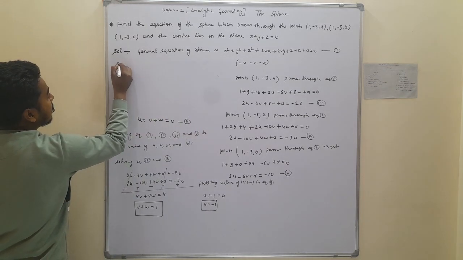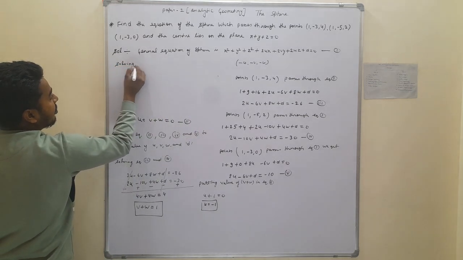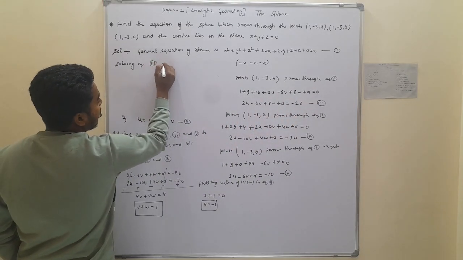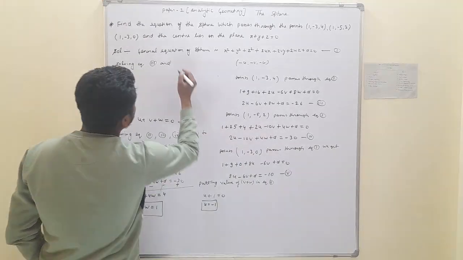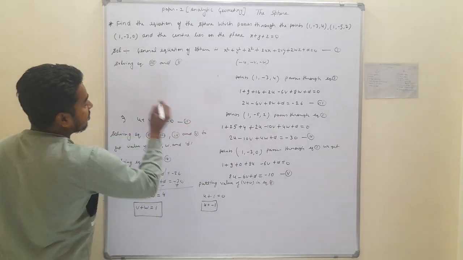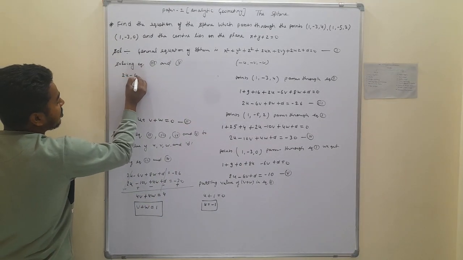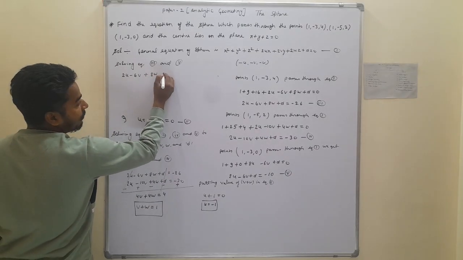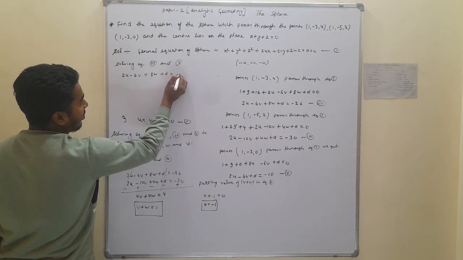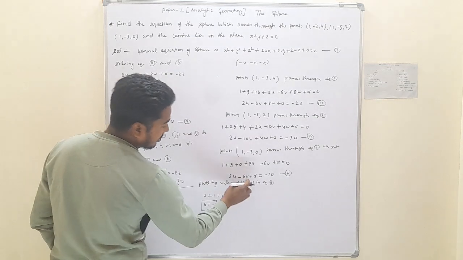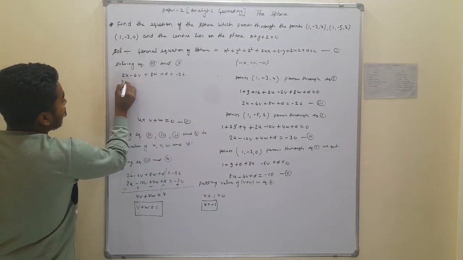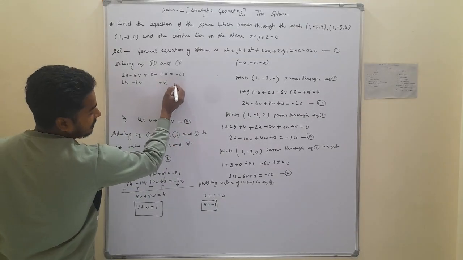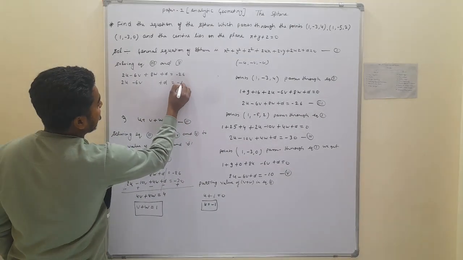Equation third is given by 2u minus 6v plus 8w plus d is equal to minus 26, and equation 5 is given by 2u minus 6v plus d is equal to minus 10.